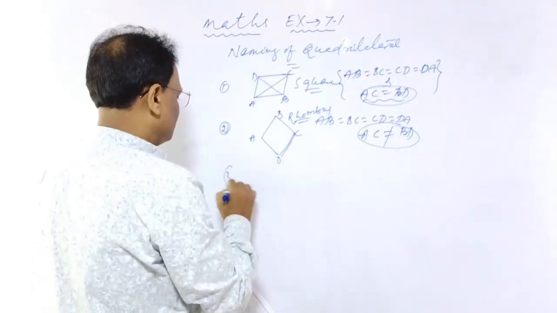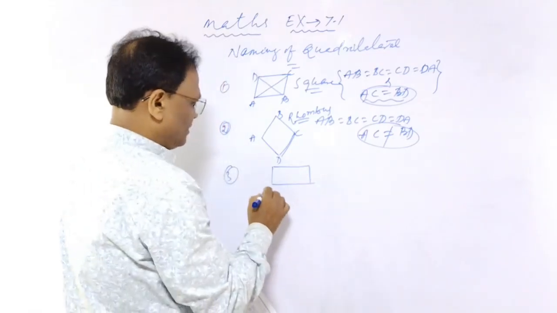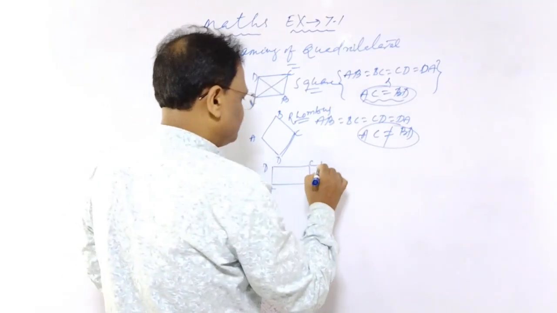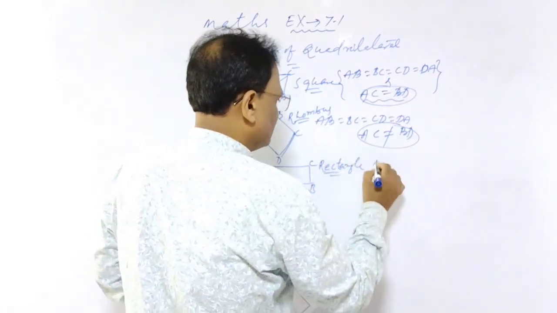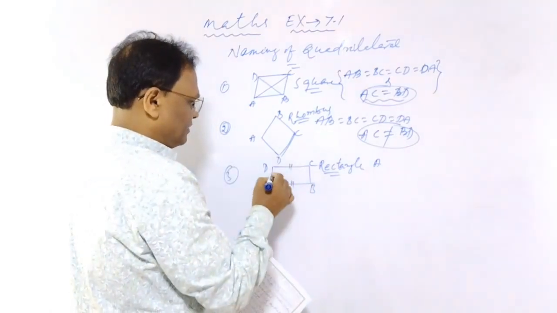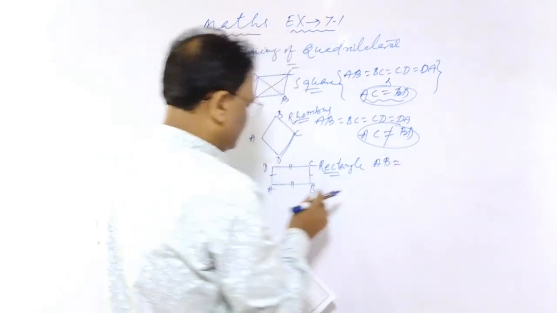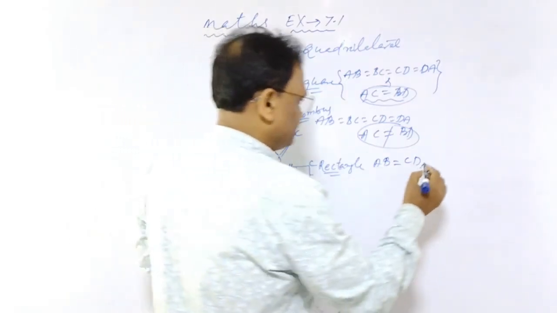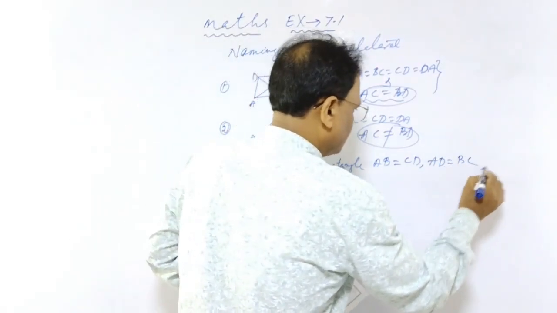Similarly, the third one is a rectangle. Basic properties of the rectangle you know. The common thing in a rectangle is that your opposite sides are equal. These two sides are equal and these two sides are equal. Means your AB will be definitely equal to CD and AD will be definitely equal to BC.